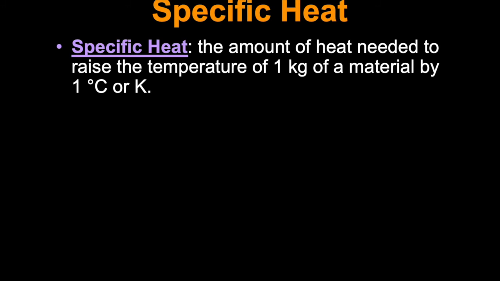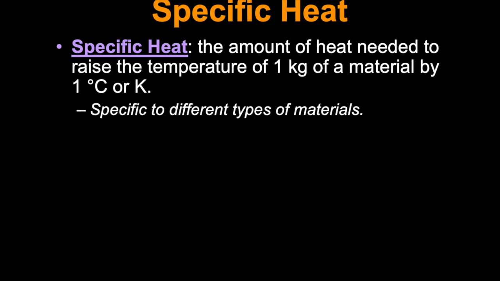Specific heat, oddly enough, the name kind of implies it, is going to be specific to different types of materials. So like I said, different materials are going to have different specific heats. And we can measure these specific heats with what's called a calorimeter. And essentially, if you ever ask yourself what a calorie is, a calorie, how we measure how much energy is in food, is actually the specific heat of water.